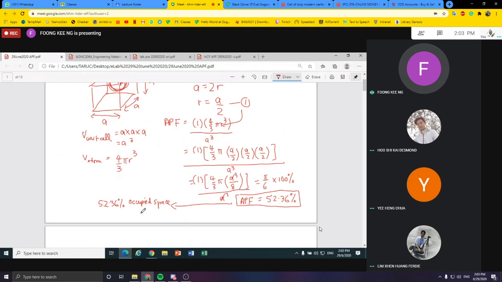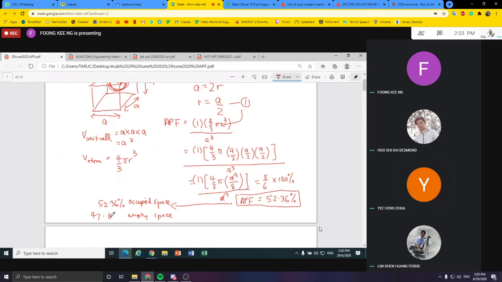So what is the empty space? 100 minus 52.36. Calculate. What is 100 minus 52.36?